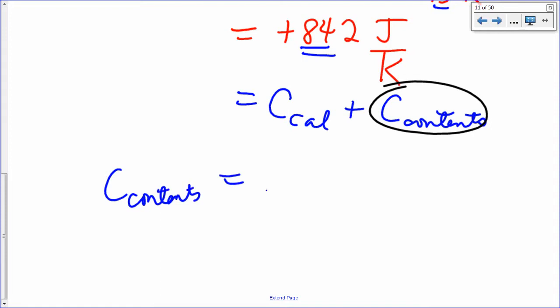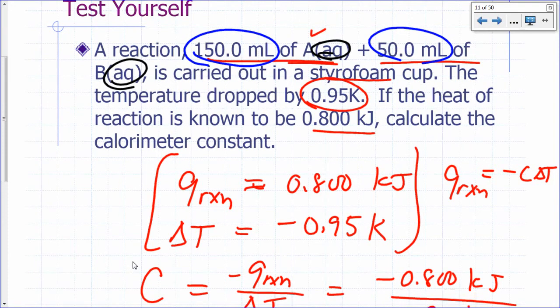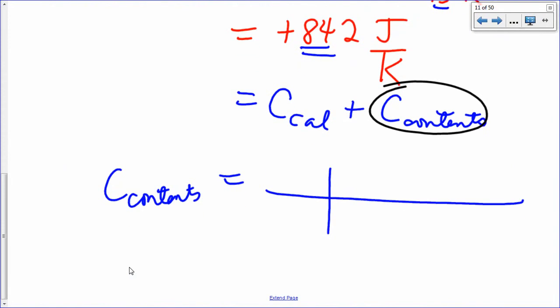is equal to, how much water do we have? If I were to mix 150 ml of an aqueous solution with 50 ml of an aqueous solution, what's the total volume essentially? 200, right? So 200 ml, and we're just going to say it's all water, pretty much all water. We're dealing with dilute solutions. What's the density of water? 1.00 gram per ml.